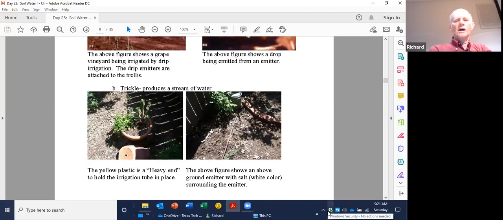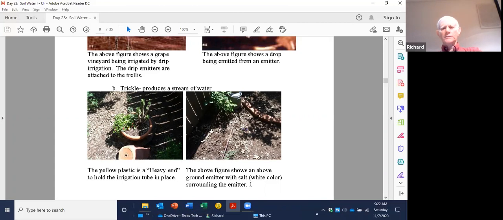The next two slides are from my backyard. It's hard to see, but there is a yellow heavy end on this pot. There are conveyance tubes that go to really small plastic tubes that are called spaghetti tubes. Water comes out, and if you don't have them anchored, then the water goes everywhere. So they put the heavy ends on the end of the spaghetti tube to keep the water in place.